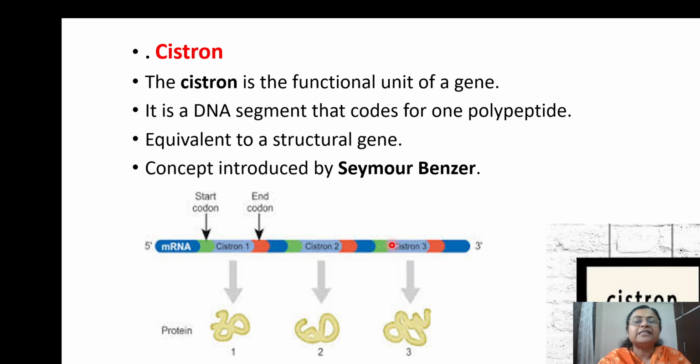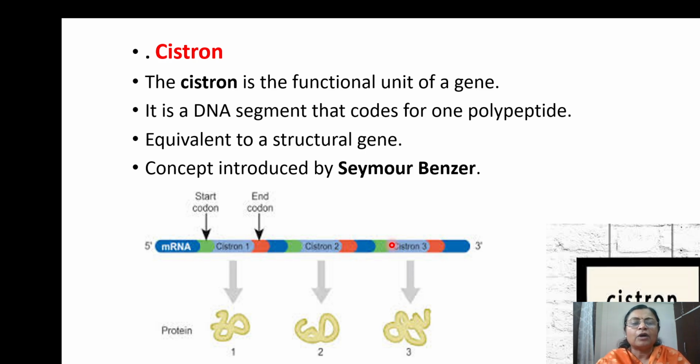Cistron is the functional unit of gene. We know what a gene is, and the functional unit of a gene is known as a cistron. It is the DNA segment that codes for one polypeptide, which is equivalent to the structural gene. And the important thing to note is that this concept was introduced by Seymour Benzer.